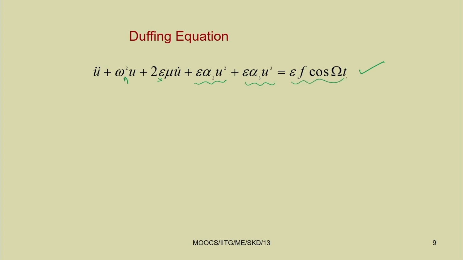If we are assuming the forcing to be weak, then this epsilon term can be used here. If it is not weak, it can be written as f cos omega t. For example, if omega n equals 1, so that omega n square is 1, then this f should also have a value near 1.